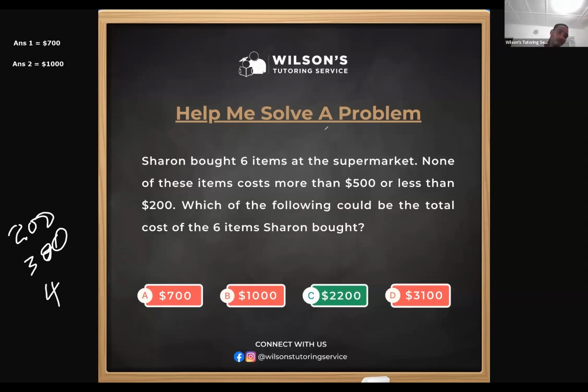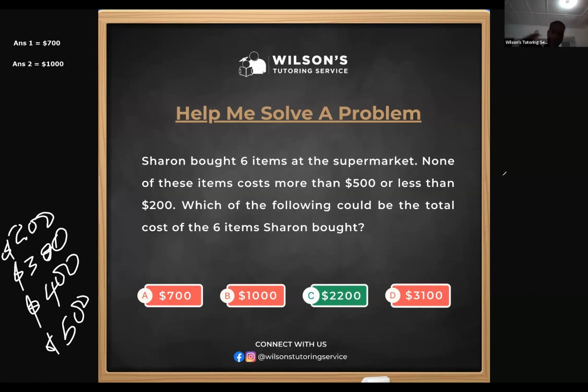I have 400, and I have 500. It says none of them cost more than, which means the items can be $500, but not more than $500. And they are neither less than $200, which means items can be $200, but not less than 200. Are you guys following me?